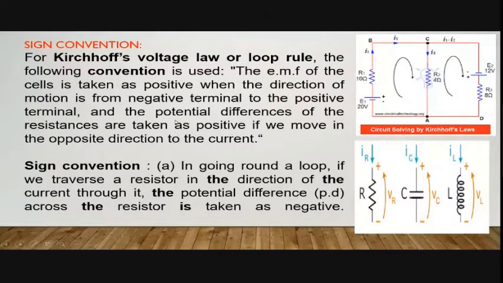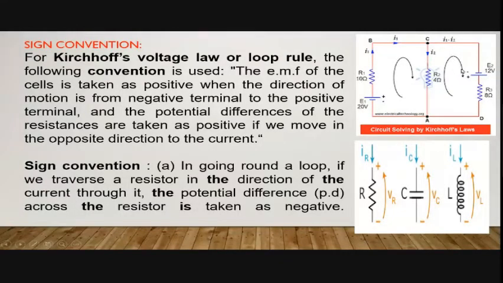Then potential difference of resistances are taken as positive if we move in the opposite direction to the current. Current is going like this, then voltage drop across this resistance, that is I1 R1, you have to take as negative. Okay, this will be positive, this will be negative. So this is very important, you have to understand this properly.